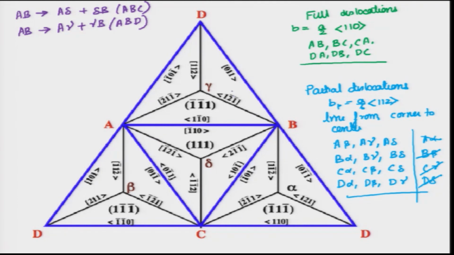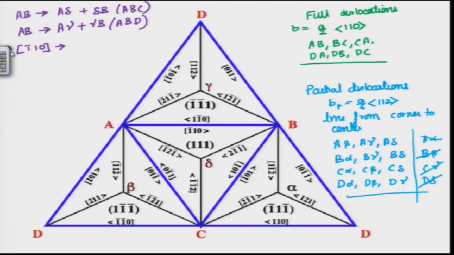Now, if you have already been given the vector like this, which is 1 bar 2 bar 1, it means it is going in this direction. So, when I dissociate AB, then I must write the negative of this. So, if I want to describe this, then it will become bar 1 1 0, I will have to take the negative.